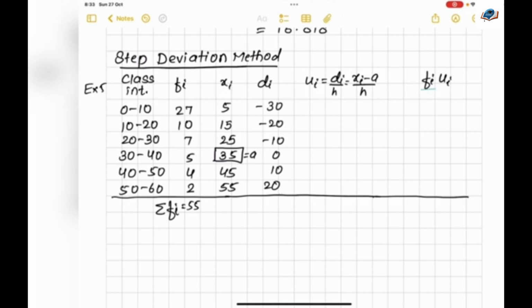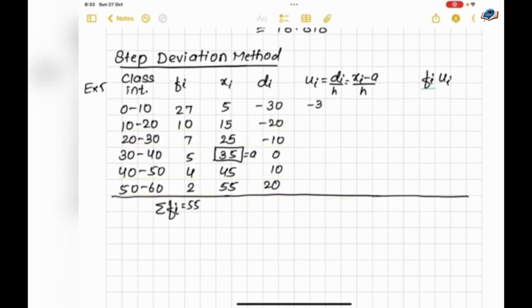So here this will be minus 30 by 10, that is minus 3, minus 20 by 10, that is minus 2, minus 10 by 10, so that will be minus 1, 0 by 10, so that will be 0, 10 by 10, that will be 1, and 20 by 10, so that will be 2.